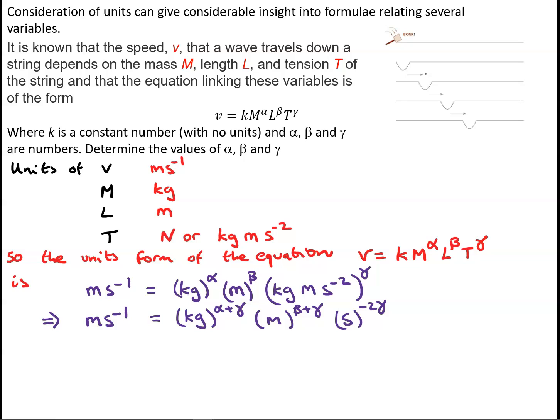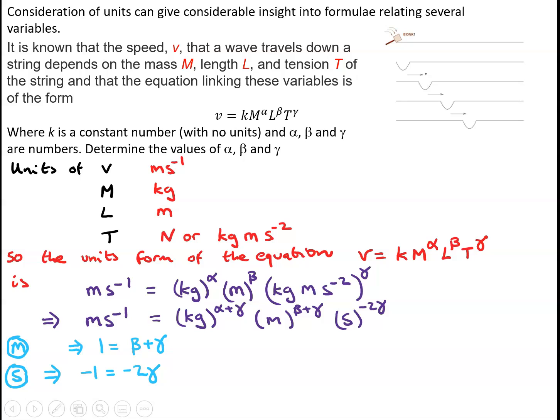Looking at each of the units on each side of this equation, we're going to obtain 3 useful equations. If we look at the meters to begin with, on the left hand side we've just got meters to the power 1, but on the right hand side meters occur beta plus gamma times, so meters to the 1 must be the same thing as meters to the beta plus gamma. In other words, 1 must be equal to beta plus gamma.